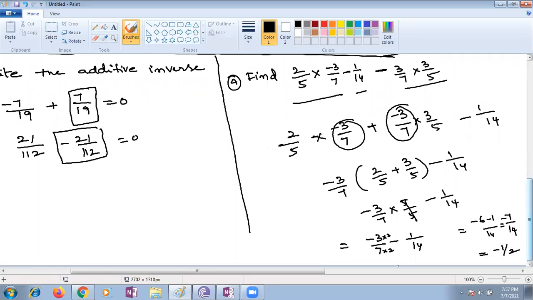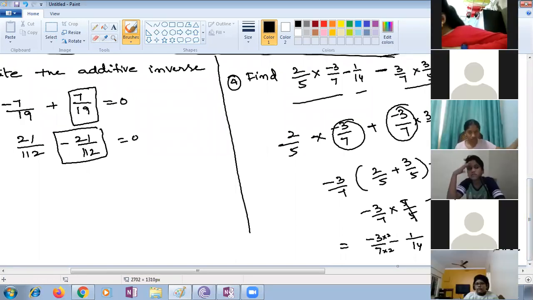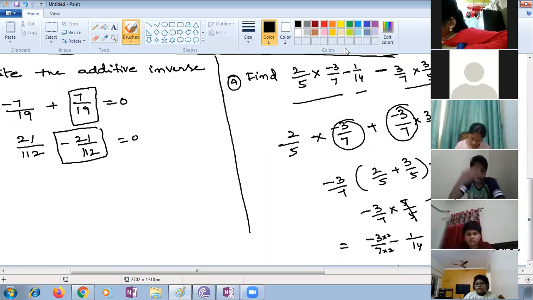Now my question is, Ayush, which property are we using here? Ma'am, we use distributive. Not only distributive, Bhavya.